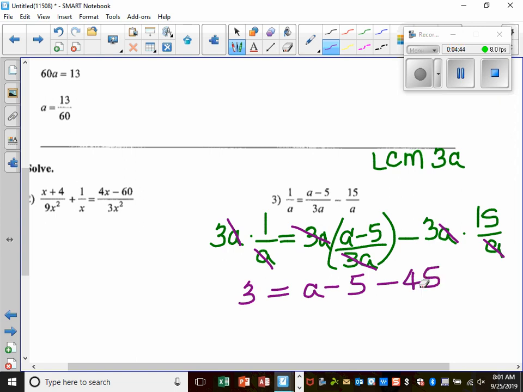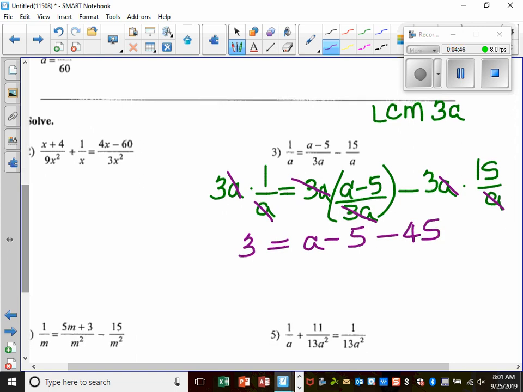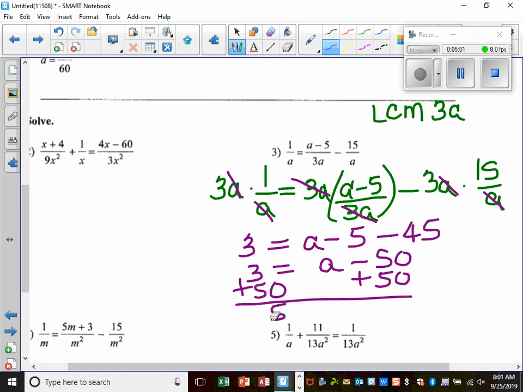So it comes out to be a nice equation again, once we get rid of those variables in the denominator. So I'm going to have 3 equals A minus 50, and then we'll add 50 to both sides. So 53 equals A.